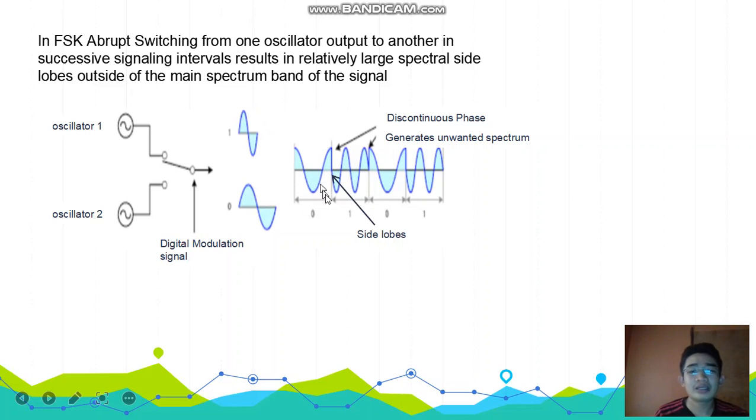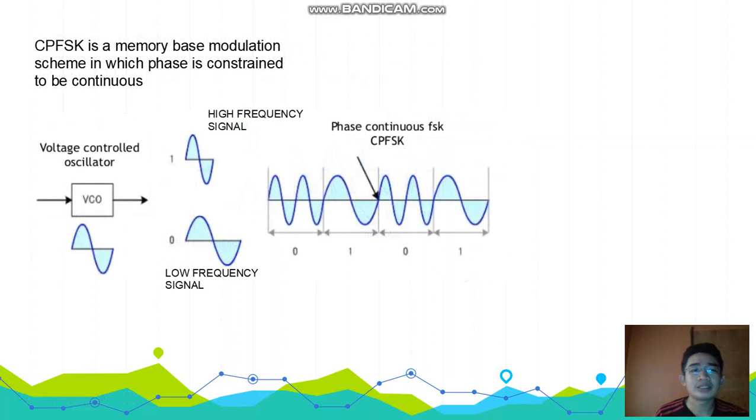This wave has a large spectral side lobe on this side. For the 0101, it has an error when the waveform is created. Let's proceed. CPFSK is a memory-based modulation scheme in which phase is constrained to be continuous.